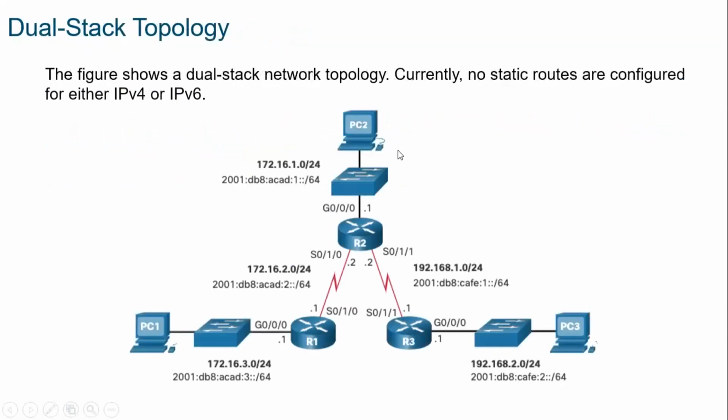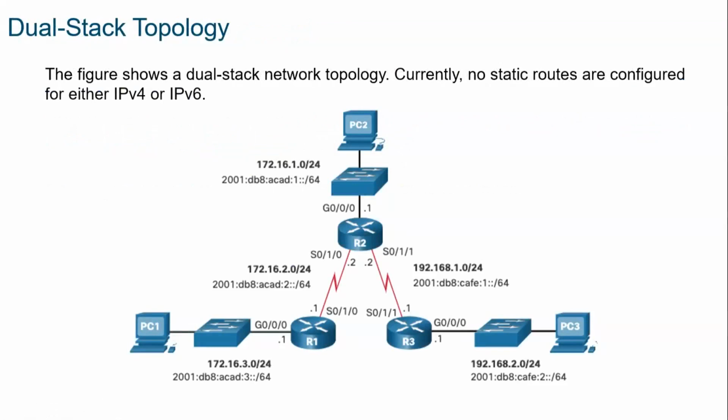The discussion today, when we talk about static route, will be based on this topology. What I would like for you to do is, you have the slides open so that you can have a look at it, and then you can highlight and see what I'm talking about. This is the topology we are going to base the explanation on.